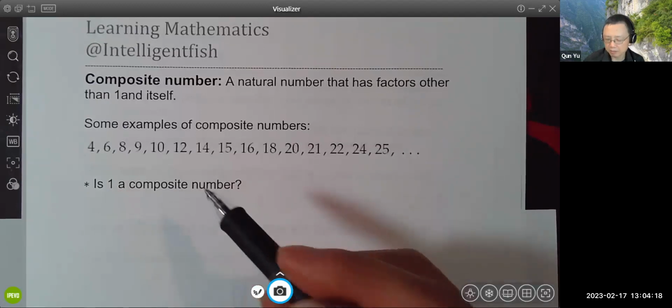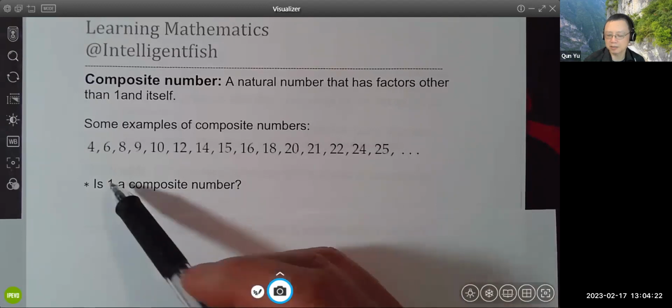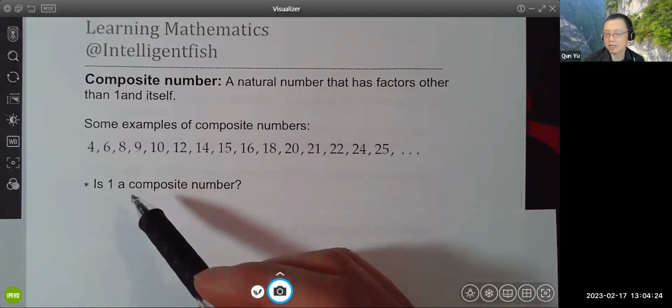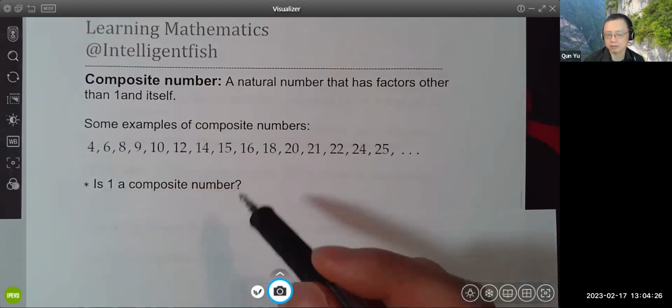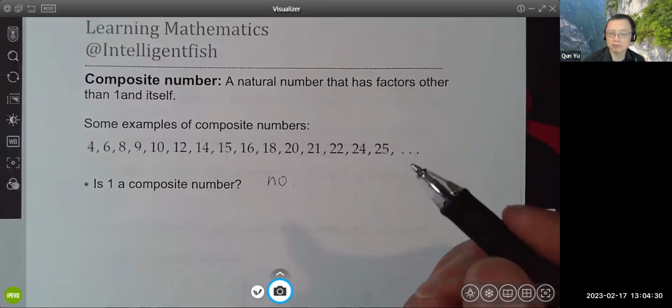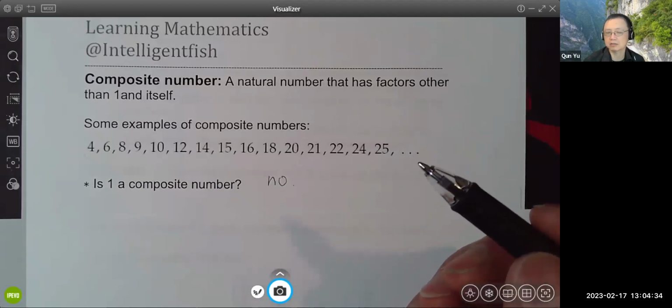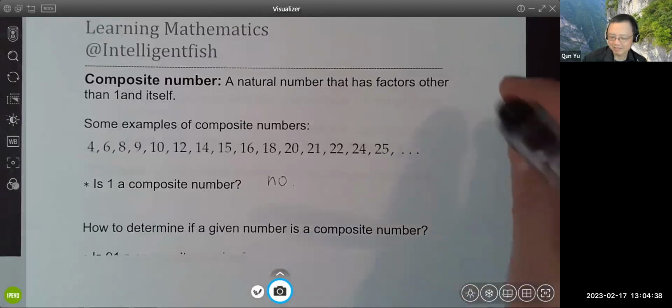Is it a composite number? No, because in addition to 1 itself, it has to be divisible by something else. So this answer is also no. As a result, 1 is really special. It is not a prime number, and it is not a composite number either.